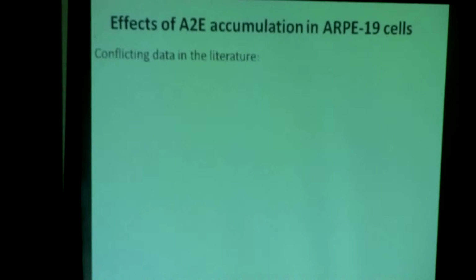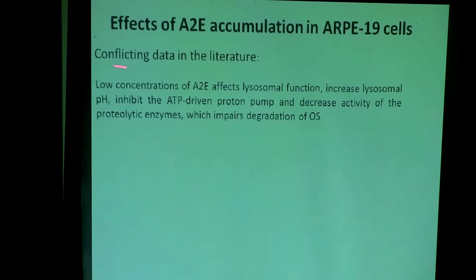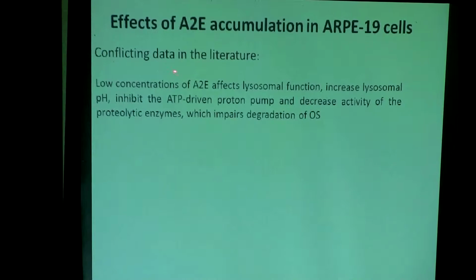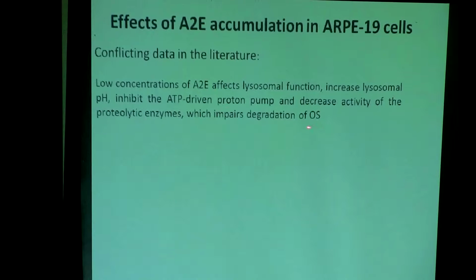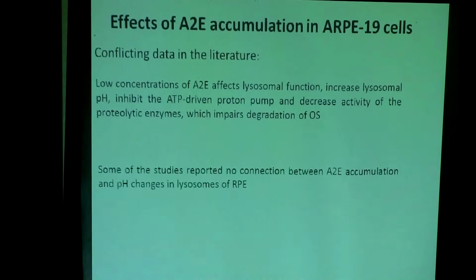Unfortunately, we have quite a lot of conflicting data in the literature about that. On one side, we have low concentrations of A2E, which affect lysosomal function, increase lysosomal pH, inhibit the ATP-driven proton pump, and impair degradation of outer segments.